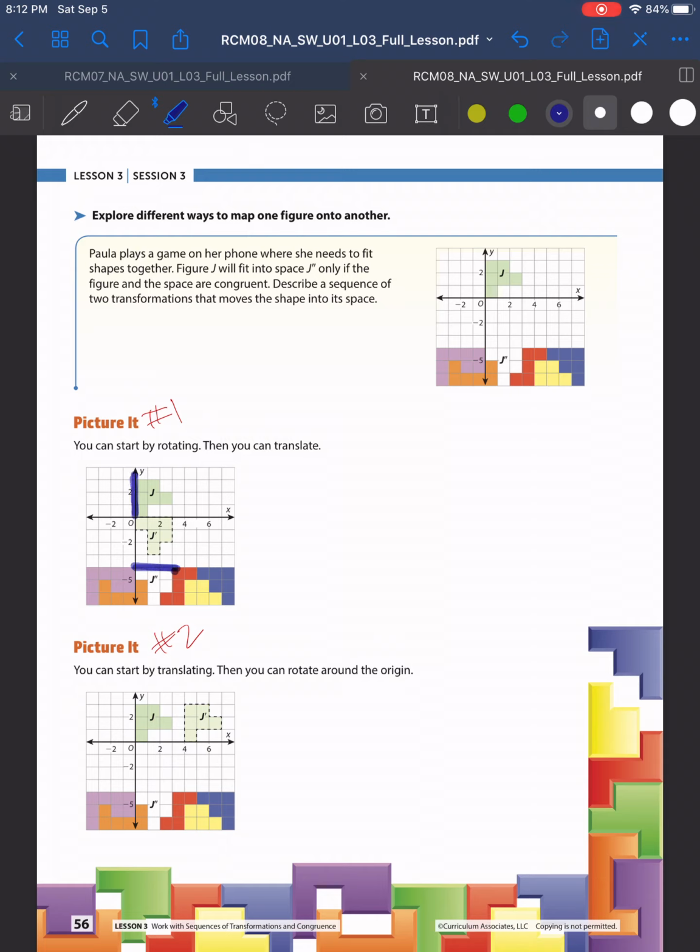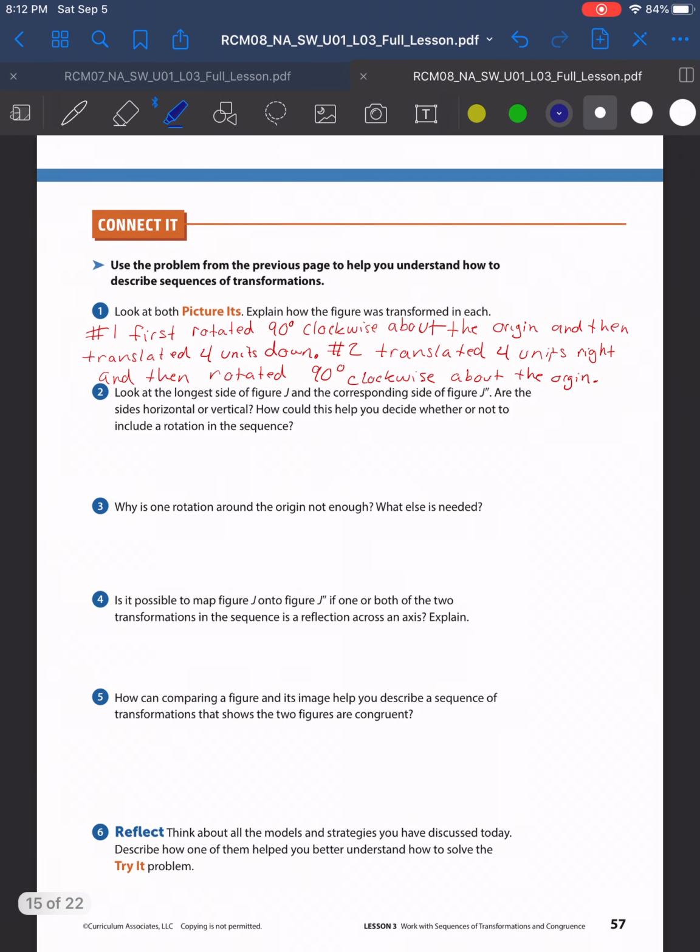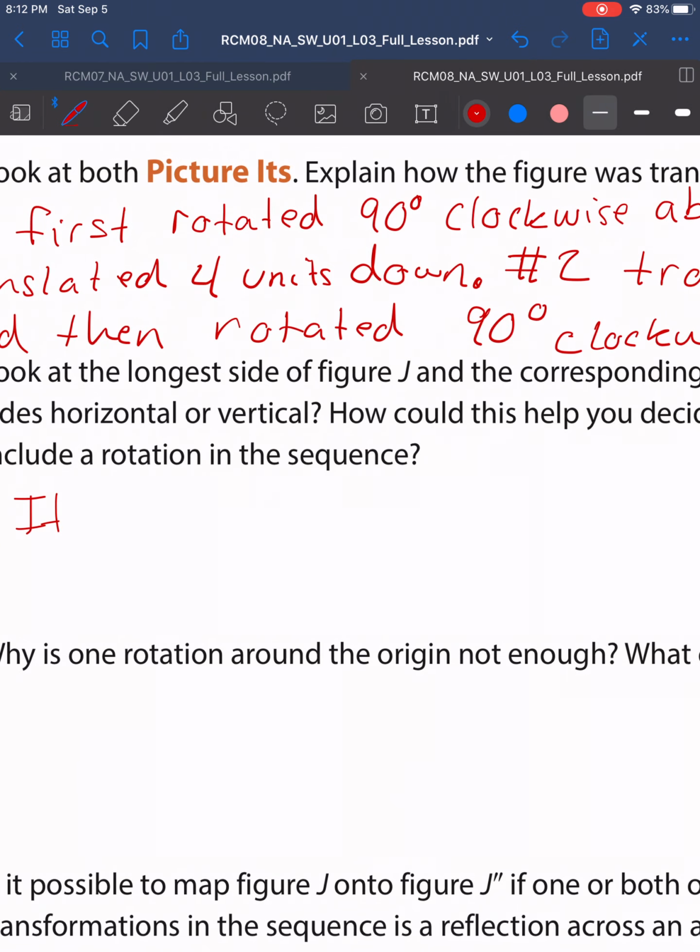And usually that means there was a rotation. So it's kind of a silly question. I'm going to zoom in for you guys. It starts out vertical and ends up horizontal.